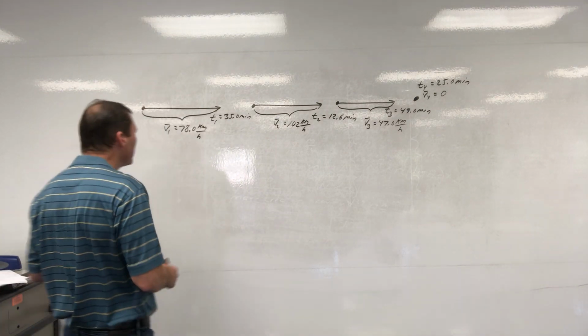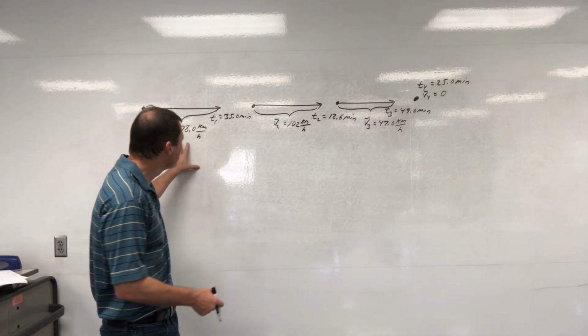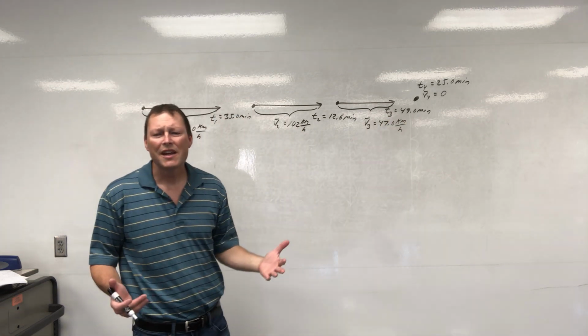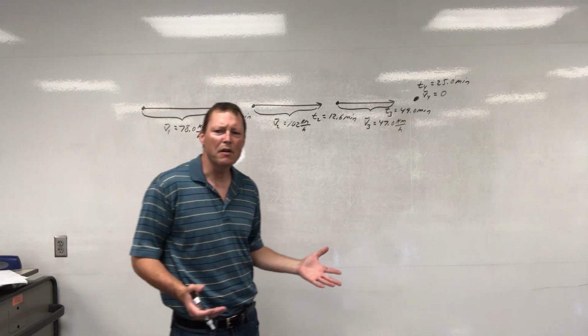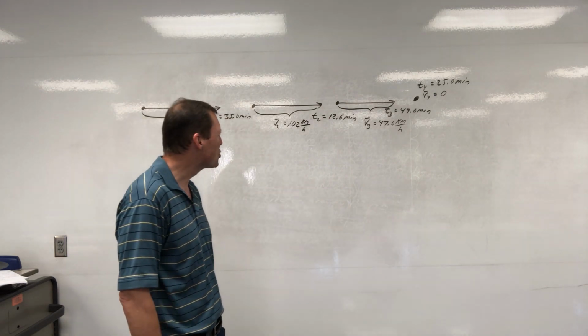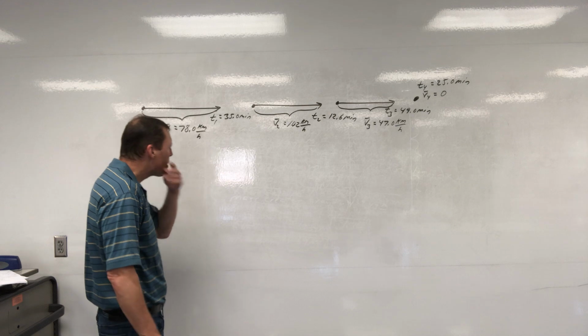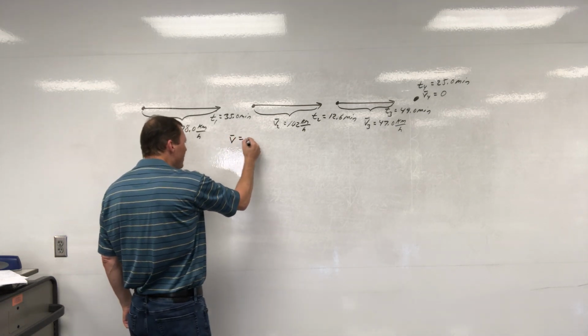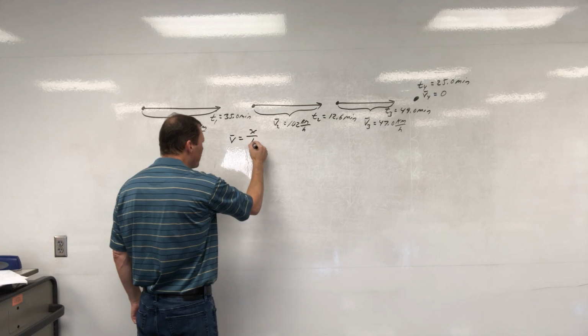And as I said early on, you just can't take these 4 velocities, add them up and divide by 4 because they're not equal to each other. It's kind of like a weighted average. So this is what we're going to do. I'm going to write down my formula. Average velocity equals displacement over time.